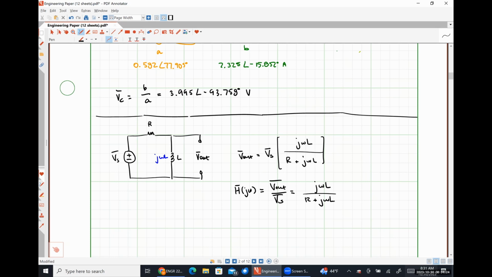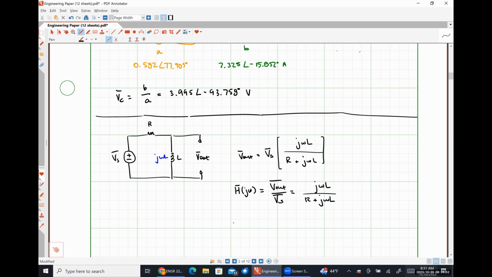So what does this look like? What does this transfer function look like when omega is very, very small, meaning the circuit is close to operating at a DC steady state? So I would argue that it approaches zero, because as omega gets close to zero, we're going to have 0 over R, which is just 0, right?